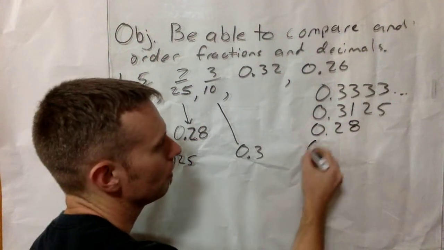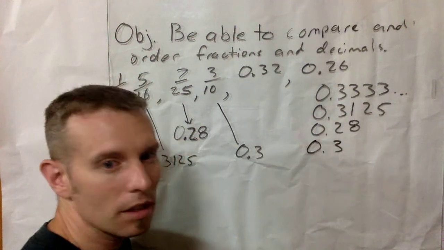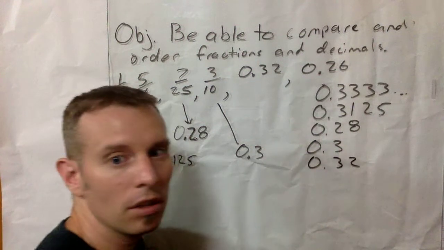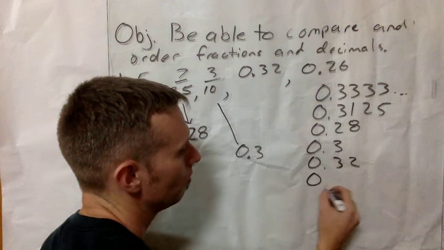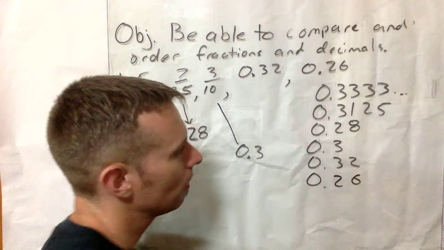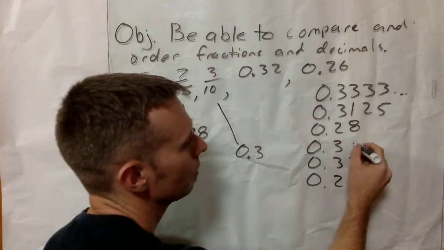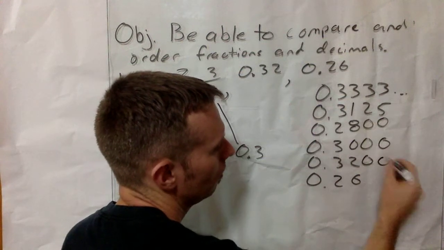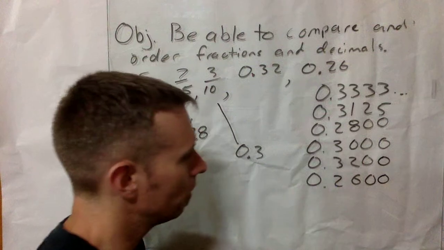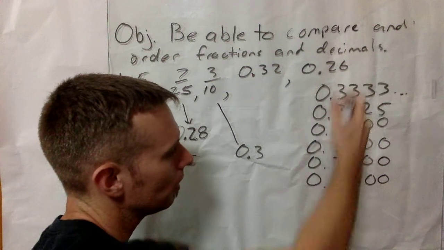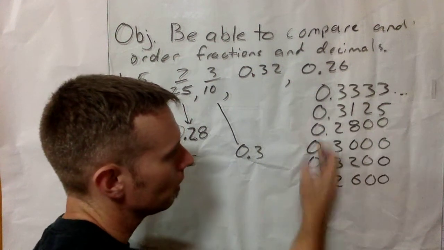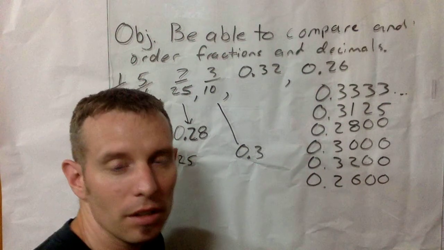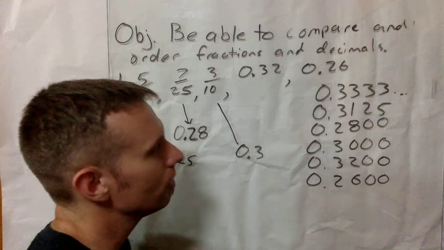Next is going to be 0.3, and that's it. 0.32 and 0.26. Now, we also learned to make these easier, sometimes it's helpful to fill in these zeros, and you notice that even though I didn't do it on graph paper, I tried to have everything lined up vertically, especially the decimals lined up vertically. Okay. Again, when you do this on graph paper, it's much easier to do that.